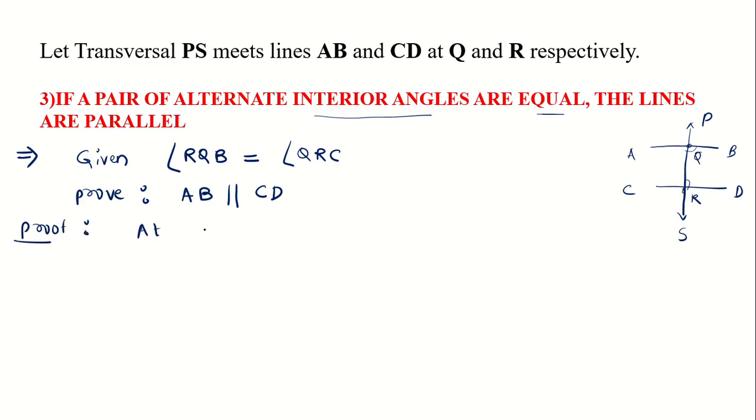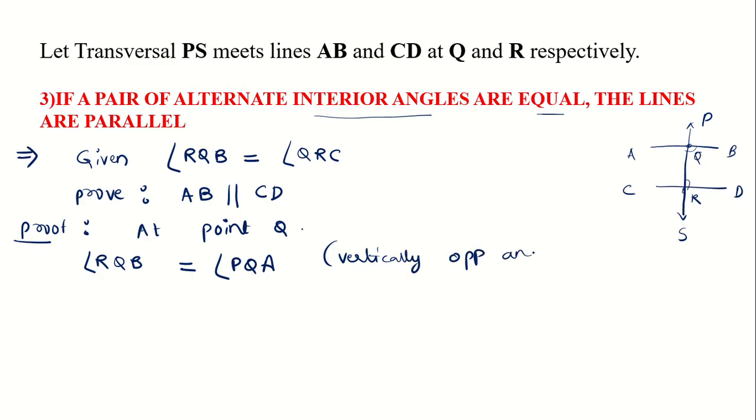First, as you can see, at point Q, angle RQB is equal to angle PQA, which are vertically opposite angles. This will be your equation 1. Now it is given that angle RQB is equal to angle QRC.